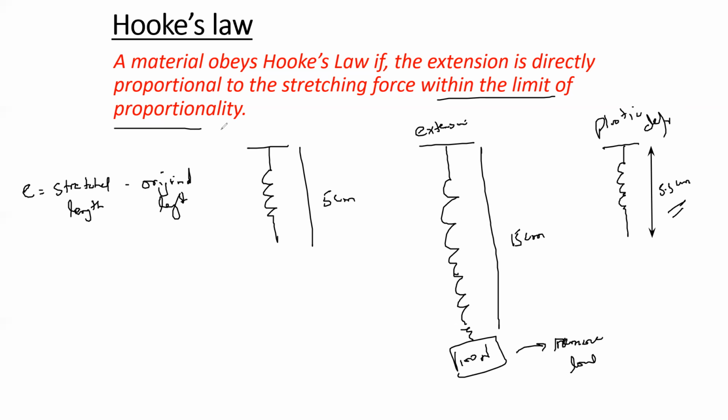Within the limit of proportionality, within the elastic limit, the spring will obey Hooke's law. But once it crosses the elastic limit and deforms plastically, it will not obey Hooke's law. What does that mean?